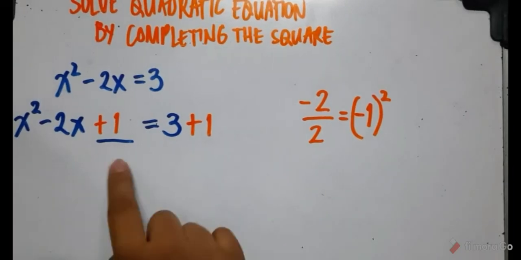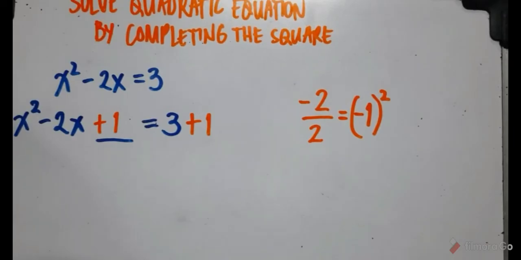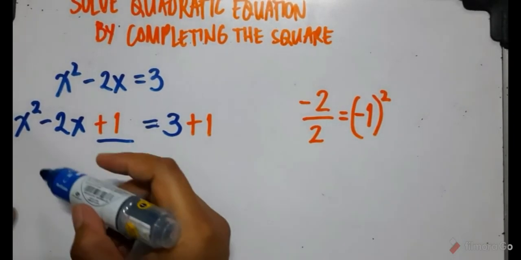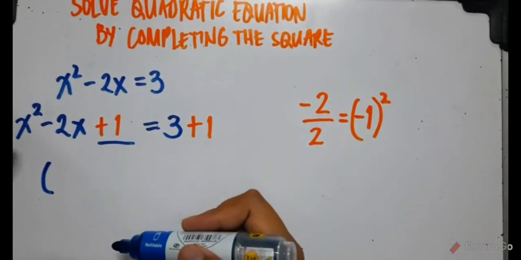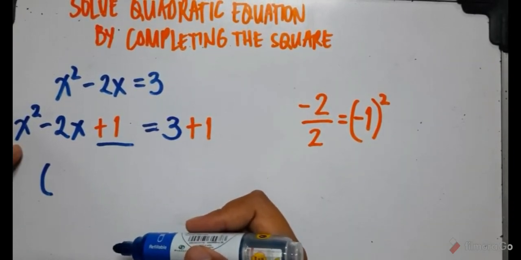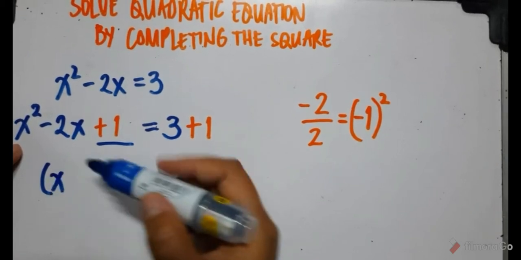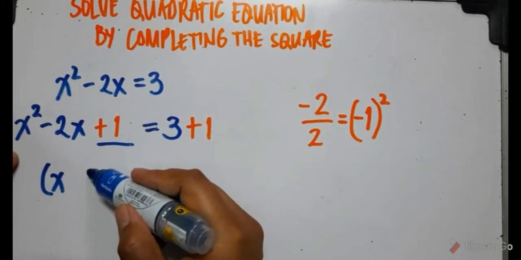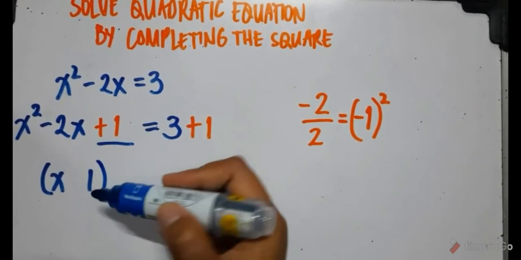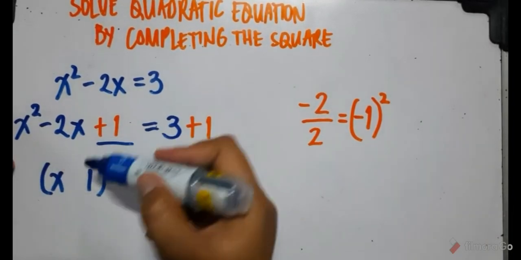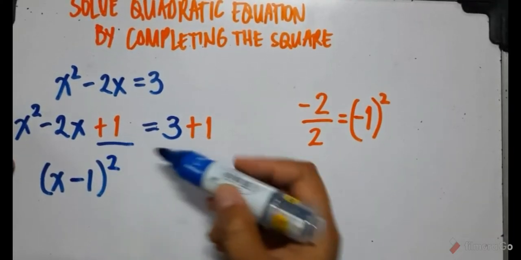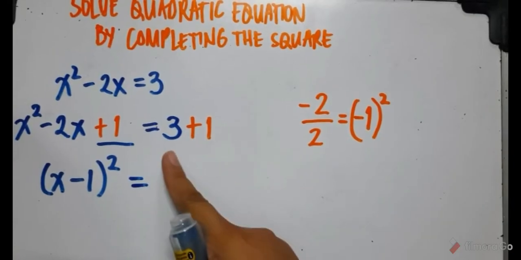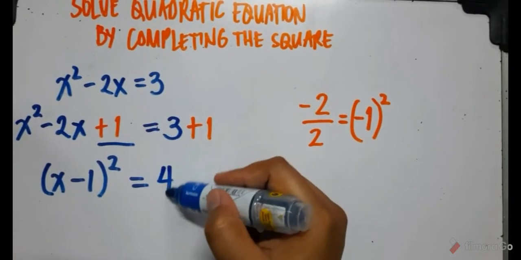Now we rewrite the perfect square trinomial as a square of binomial. We get the square root of x squared, that would be x, and the square root of 1 is still 1. Get the sign of the second term, minus, and then squared, is equal to the sum of 3 and 1, which is 4.